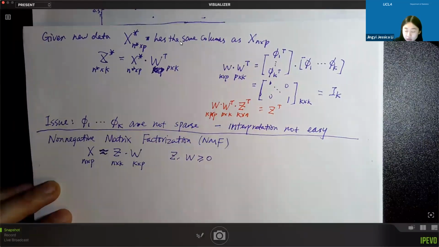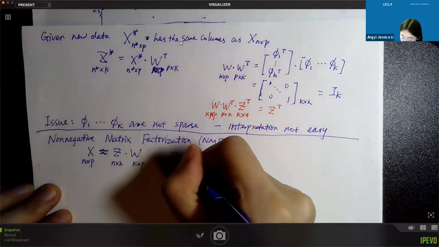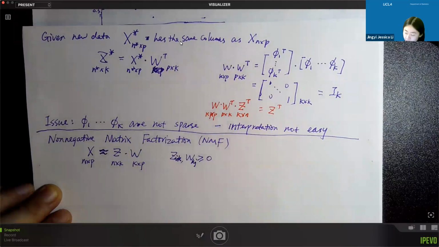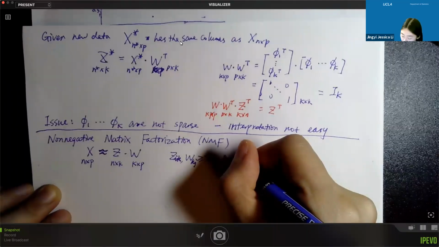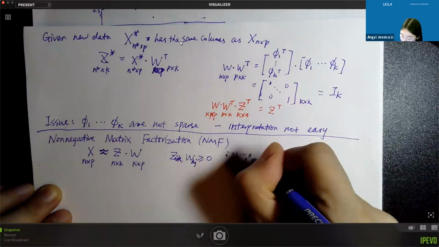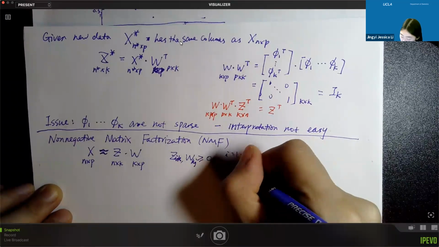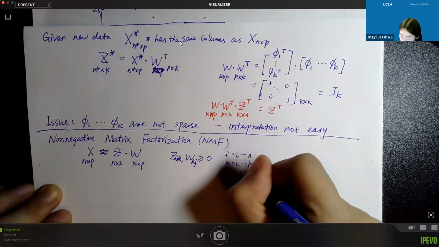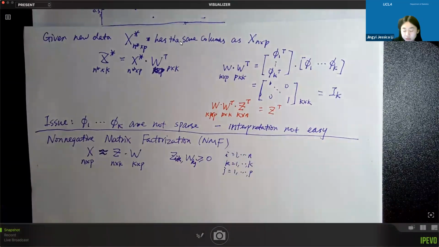So Z_ik and W_kj must be non-negative for all i from 1 to M, k from 1 to K, and j from 1 to P.